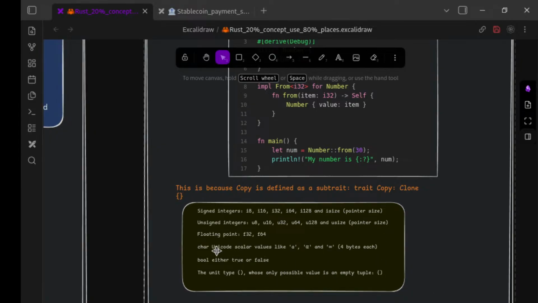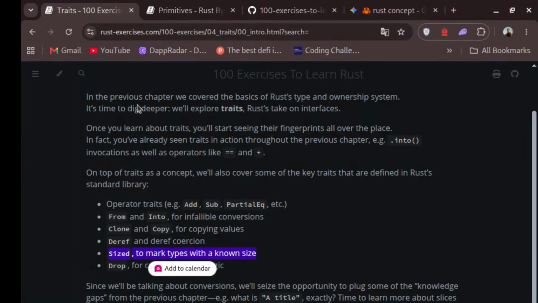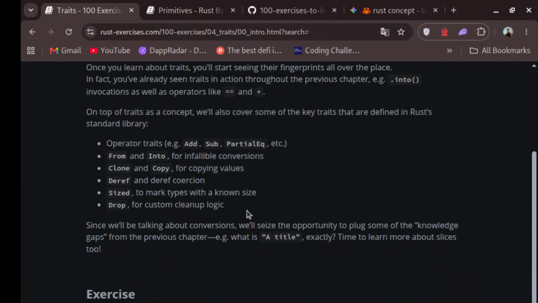It is easy. And character is a Unicode scalar value, and boolean is either true or false. Okay, it is easy to understand, and I am not deep diving into this.